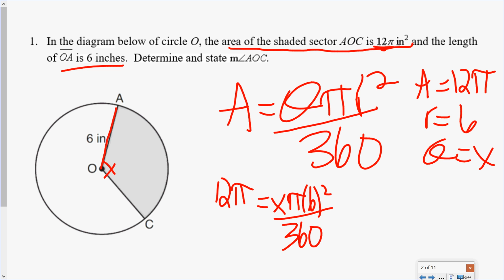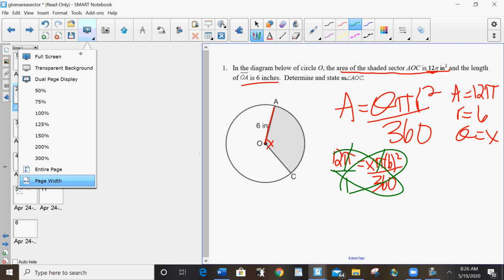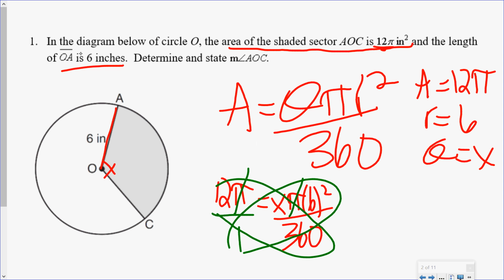Now what I would do first, since there's a pi on both sides, those pi's are gone. Now because there's a fraction in it, I would cross multiply. So when I cross multiply, I get 12 times 360.